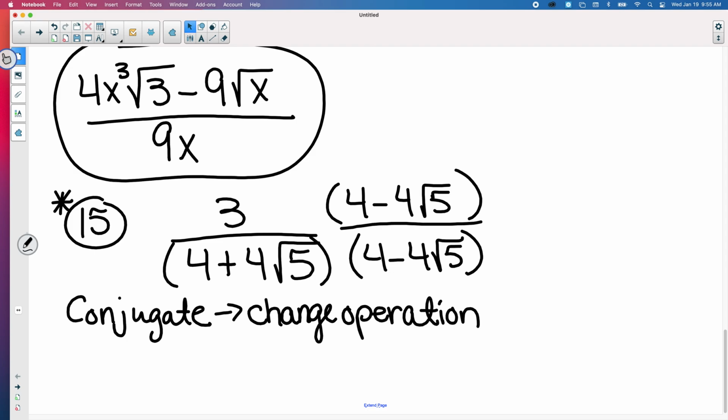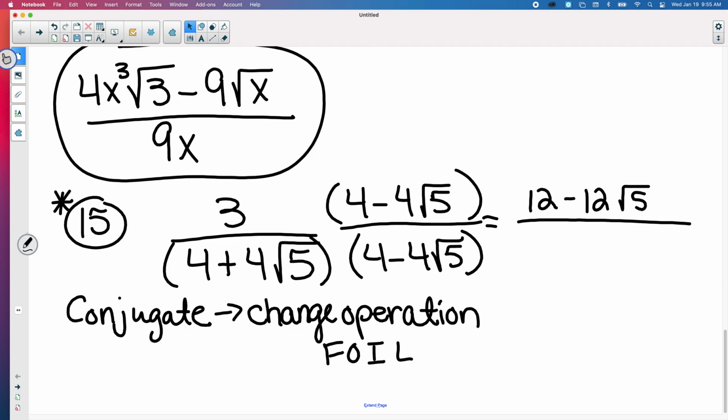So on top, we would just distribute the 3. So if I distribute the 3, what do I get? Alright, so let's see what happens on bottom. When you multiply by the conjugate, there's a purpose for changing the sign. So you have to FOIL these two together. Alright, so if I FOIL, I take 4 times 4 is 16.